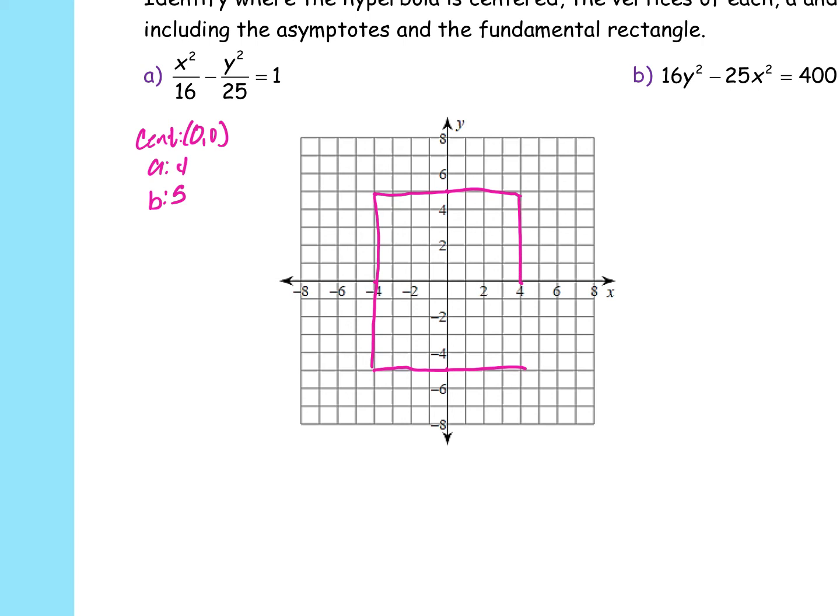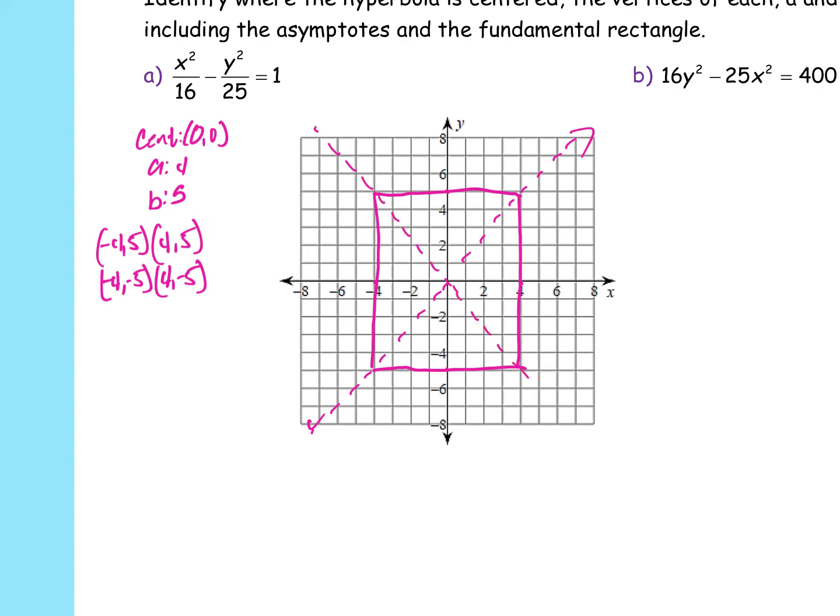So at (-4, 5), (-4, -5), (4, 5), and (4, -5). Those are my vertices. My asymptotes.